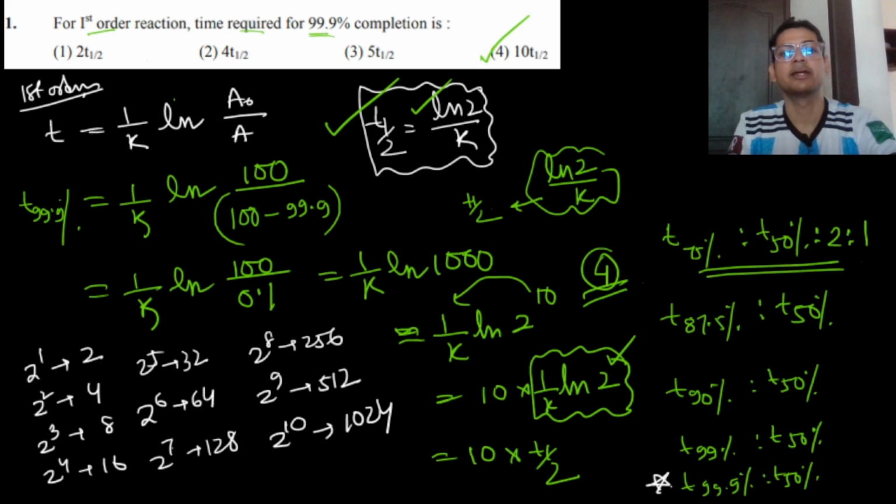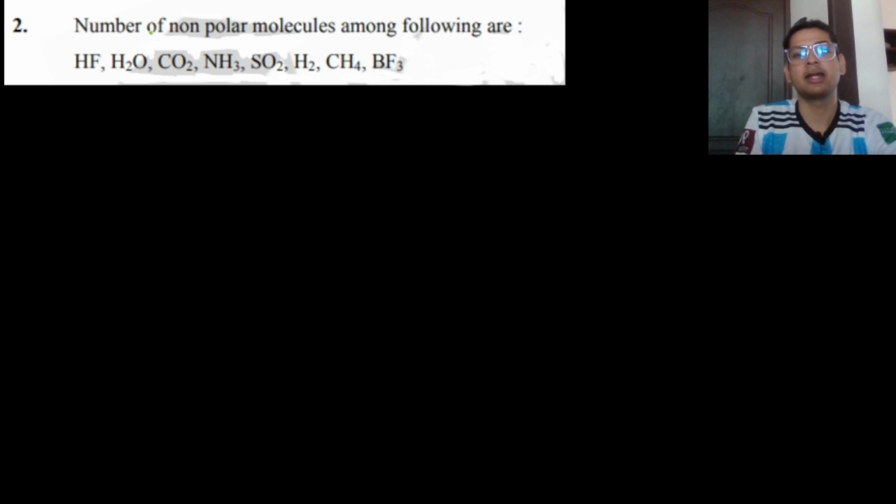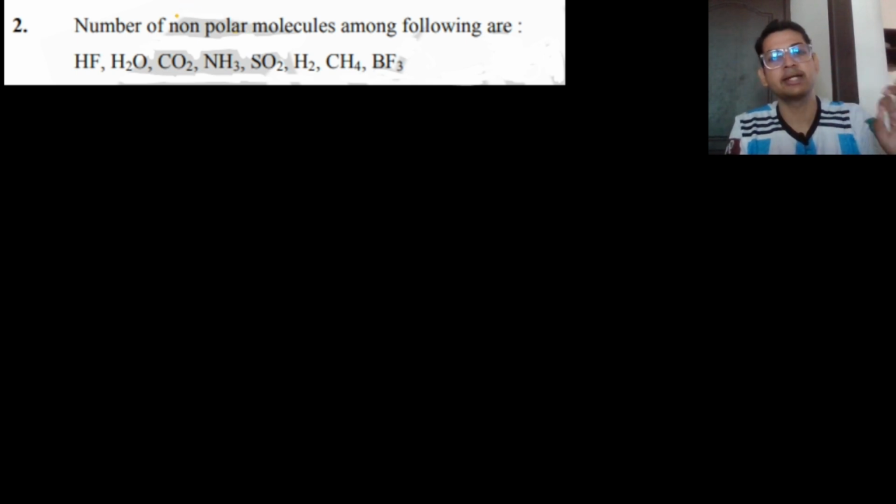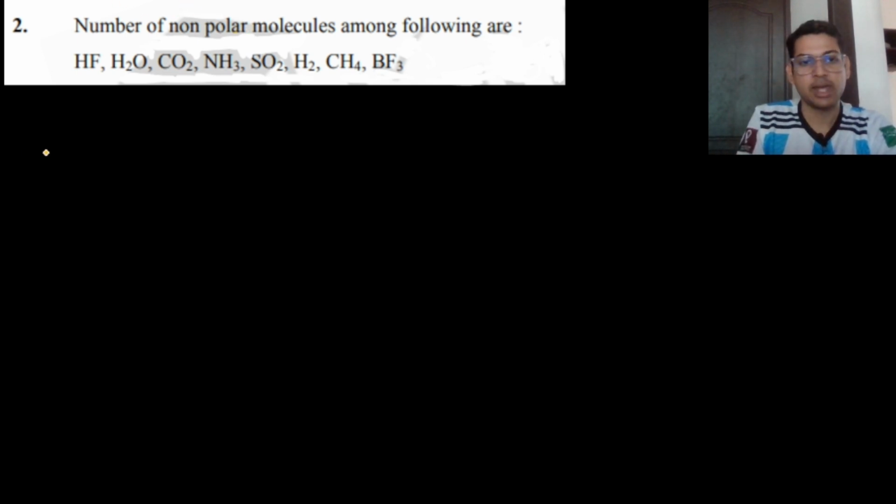Now going to the next question, the number of non-polar molecules among the following. If I start from the very basic, then I should write their structure. HF is like this, and F is more electronegative, so it is minus delta, and this is plus delta. So sir, there is charge separation, so this is polar.